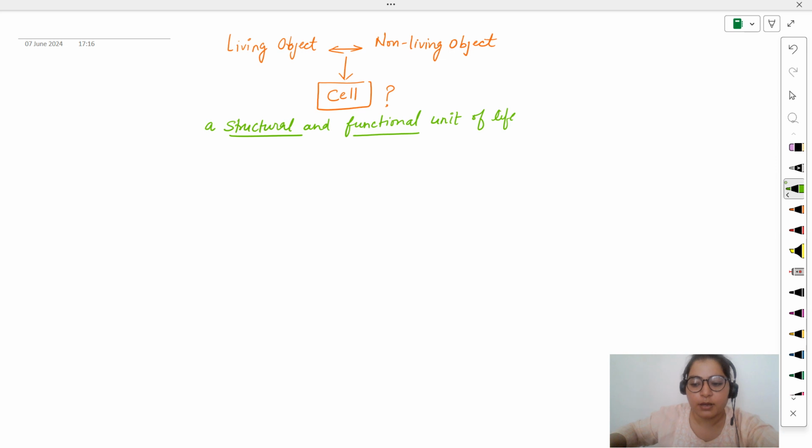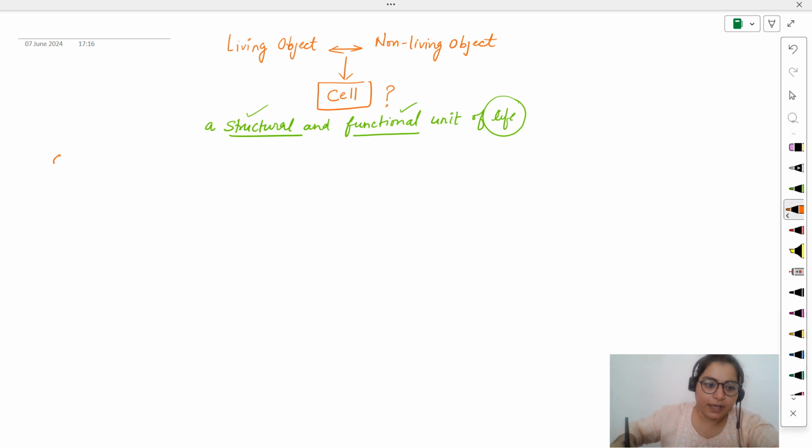One is the structural component of the cell, another is the functional component of the cell, which make up the life of the organism, right? So we'll discuss the structural unit and further the functional unit. So the cell is the basic part that makes the organism, or you can say that gives rise to the function in the organism. So start with the cell as a structural unit of life.